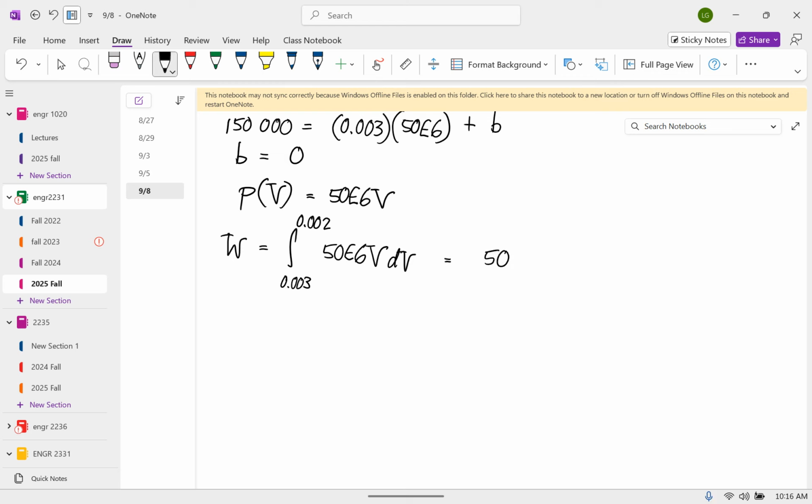And so that is 50 times 10 to the 6 V squared over 2. So 25 times 10 to the 6 V squared from 0.003 to 0.002.